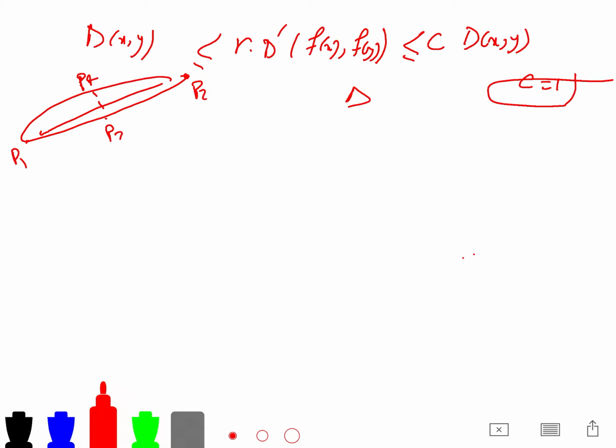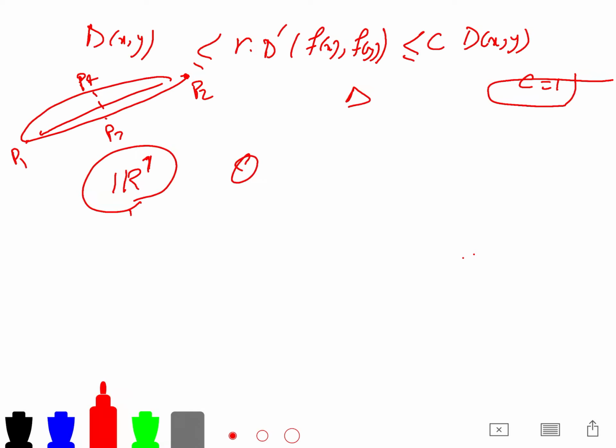We construct an embedding with distortion. We want to focus on embedding into R1. We first start by this, because this is the easiest way to do that.